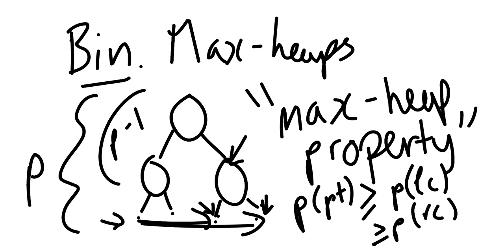So this is the max heap property. And if we fulfill this max heap property for every node, then we can say, yes, indeed, this is a binary max heap, or simply a max heap, right? So this is the only kind of heap we're going to be talking about for our purposes, max heap.